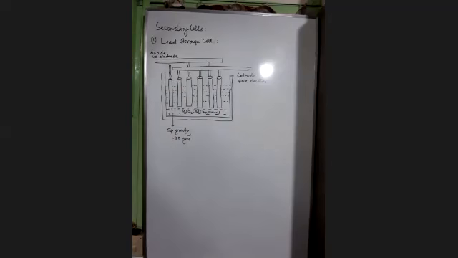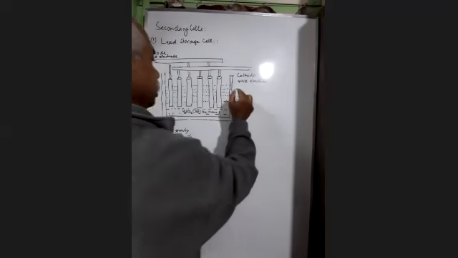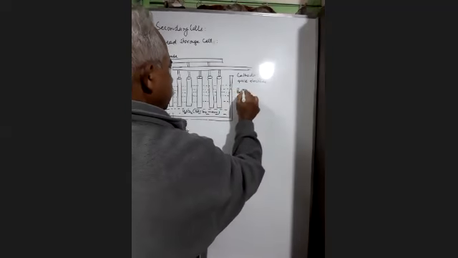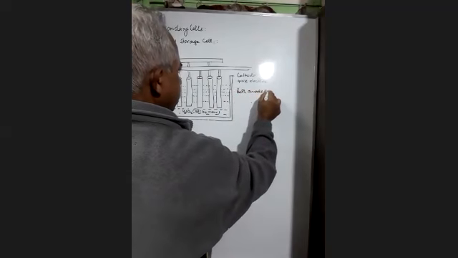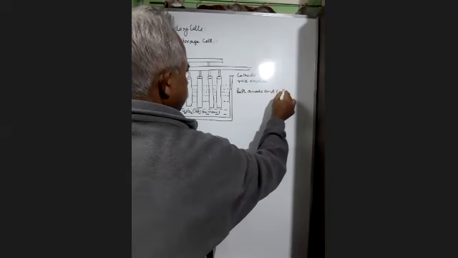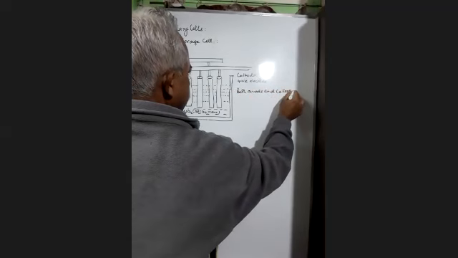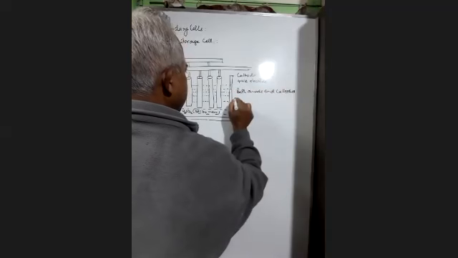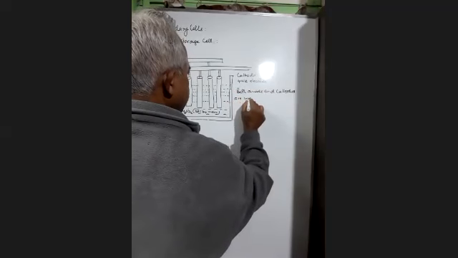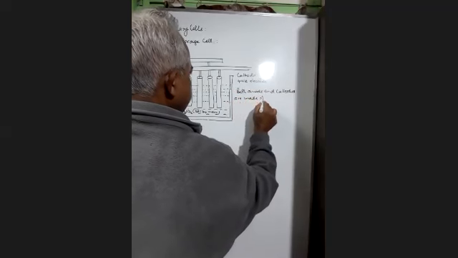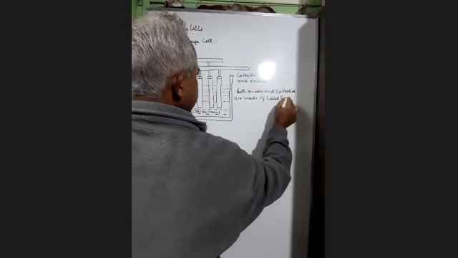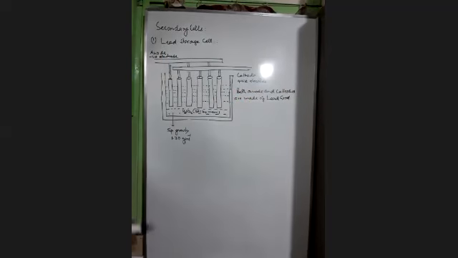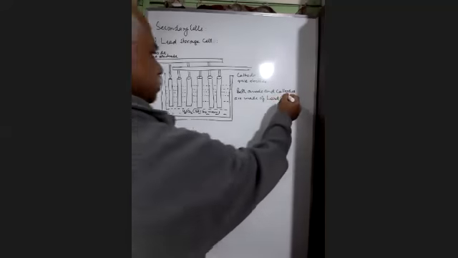Now both anode and cathode are made of lead grid. Grid means strong metal bar. It's called grid. Okay.